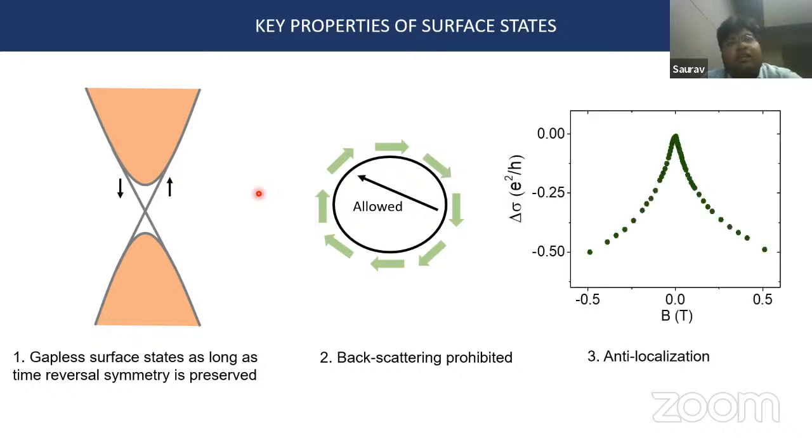And these materials show weak anti-localization, instead of weak localization, which is basically the tendency to localize in a sample along a disorder maybe, and a kind of a precursor to the strong localization or Anderson localization. And because of this, the samples are supposed to be highly metallic and should show large mobilities, and are useful in a lot of new applications that are coming up in the context of quantum technologies.